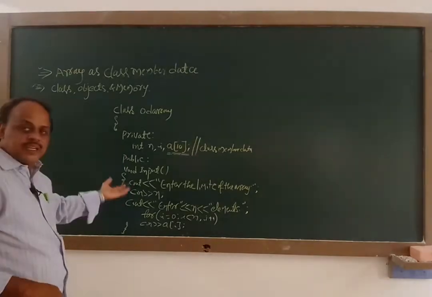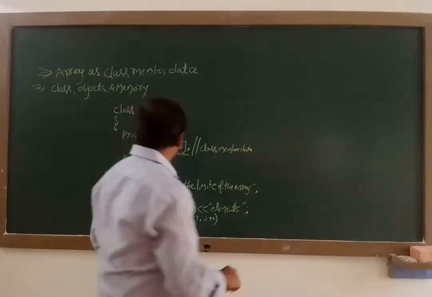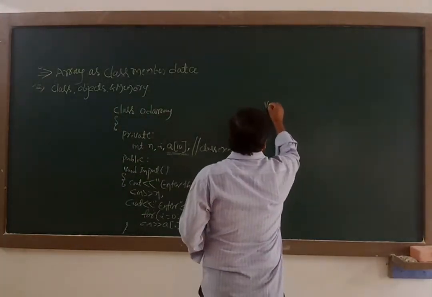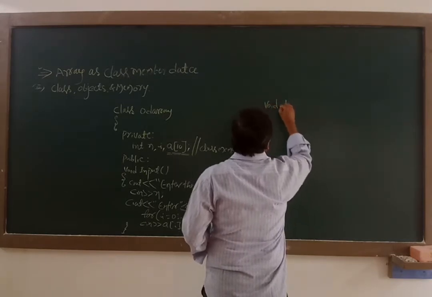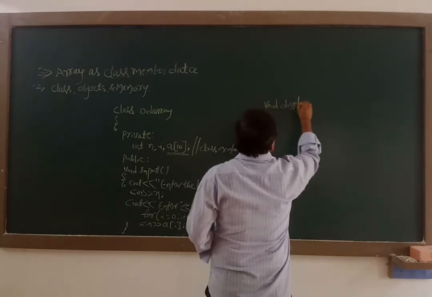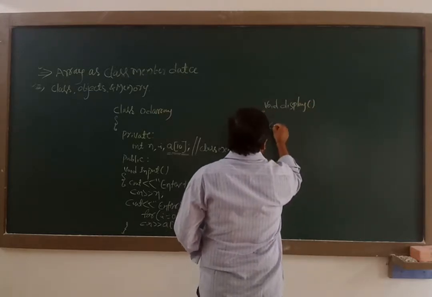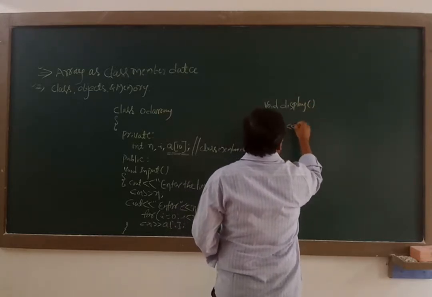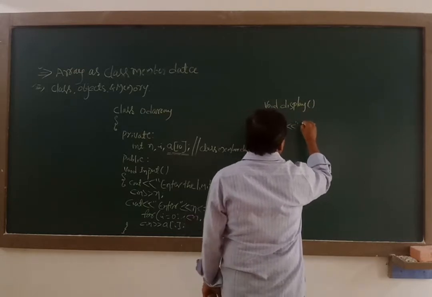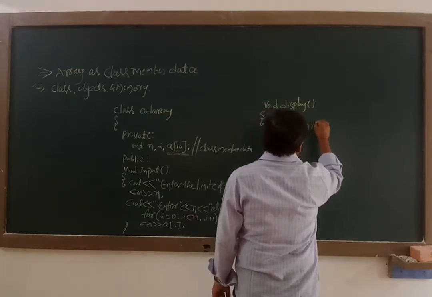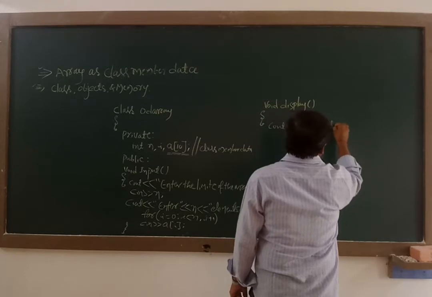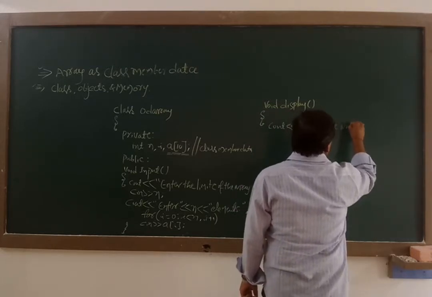Next we have to display it, right? So consider void display function. cout "array elements are".